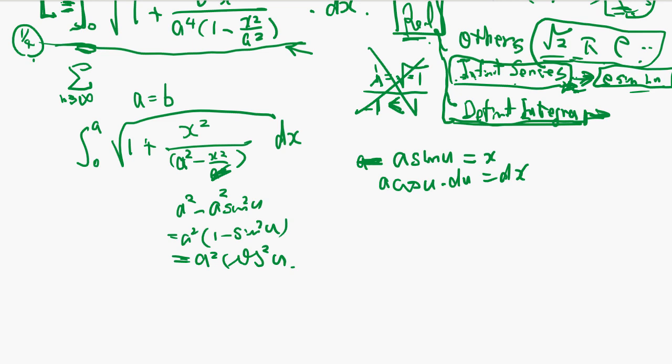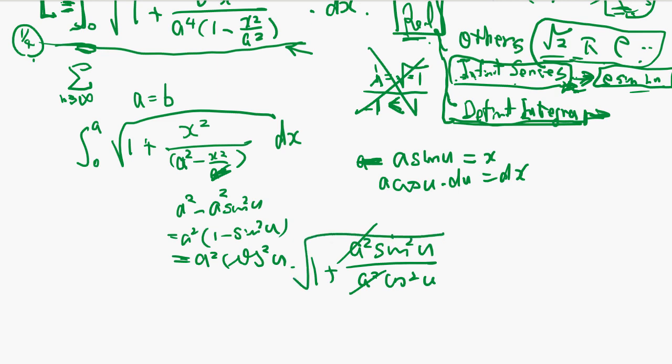And x squared is a squared sine squared u over a squared cos squared u. 1 plus the derivative squared equals 1 plus tangent squared u, dx.